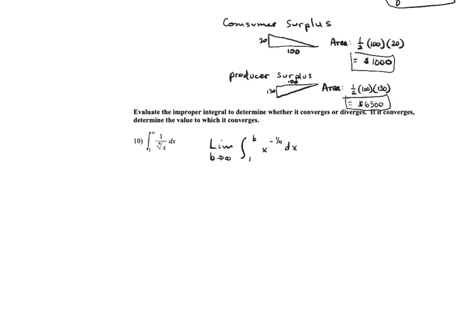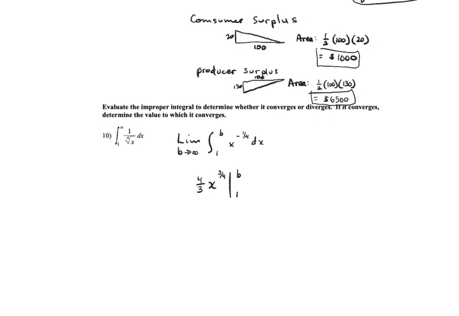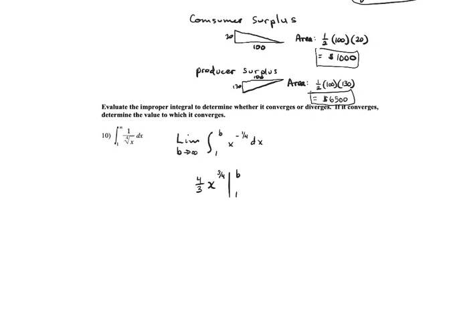Now we need to find the antiderivative of x to the negative 1/4. That's just the power rule. So for the antiderivative, if we add 1, or 4/4, to that, we get 3/4. Multiply it by 4/3, and then we evaluate that from 1 to b. Once we have that value, then we put a limit on it.